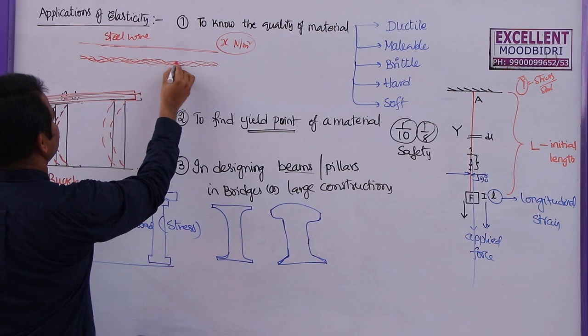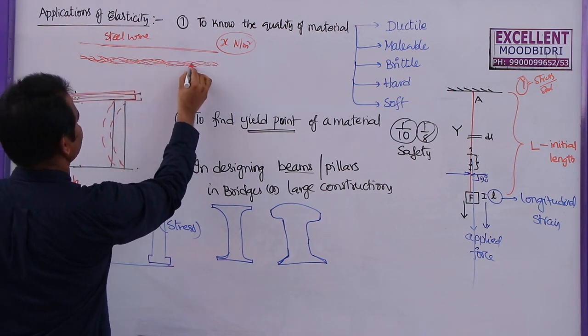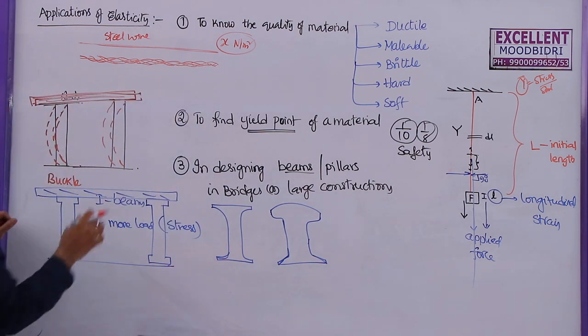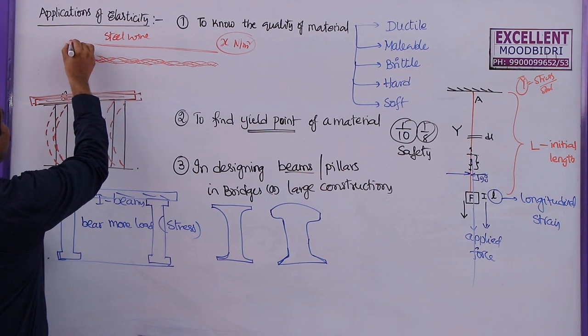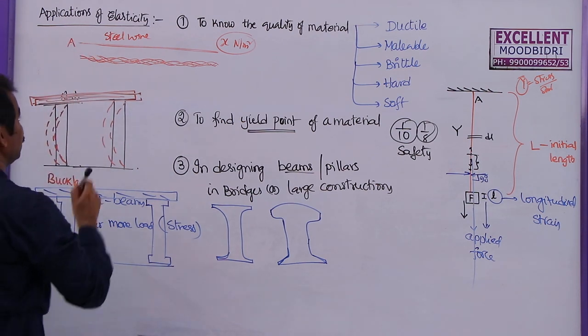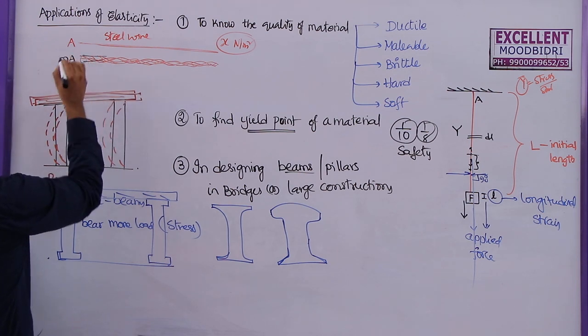These wires are twisted in such a way that they can bear more load. In the previous case the cross sectional area of this wire was A only, but in the next case the cross sectional area was increased to, let us say, NA.